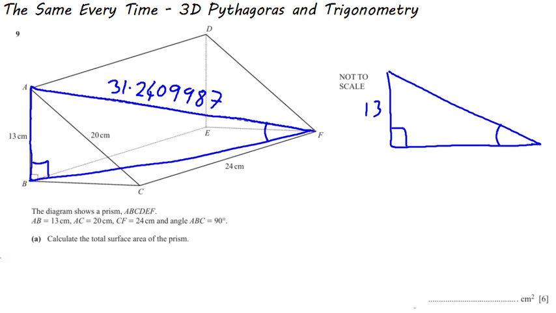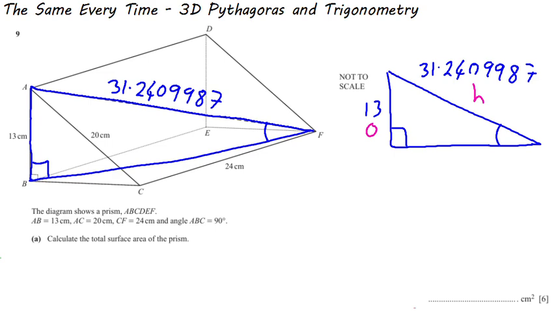So there it is on a slightly cleaned up diagram. So the distance from A to F, and I've written down the full calculator answer there as well. On my pull-out diagram here, I've got the same distance, 31.2409987, and I'm needing to find that angle. Well, what sides have I got here in this right angle triangle? Let's see. That would be the H side, wouldn't it, opposite the right angle, and the 13 is the O because that's opposite the angle that I'm interested in.